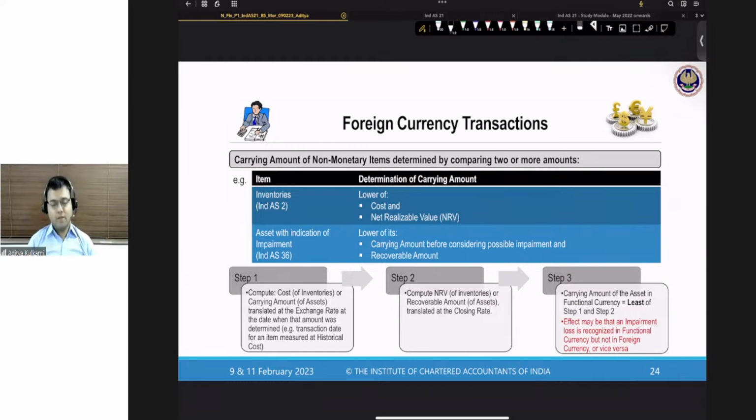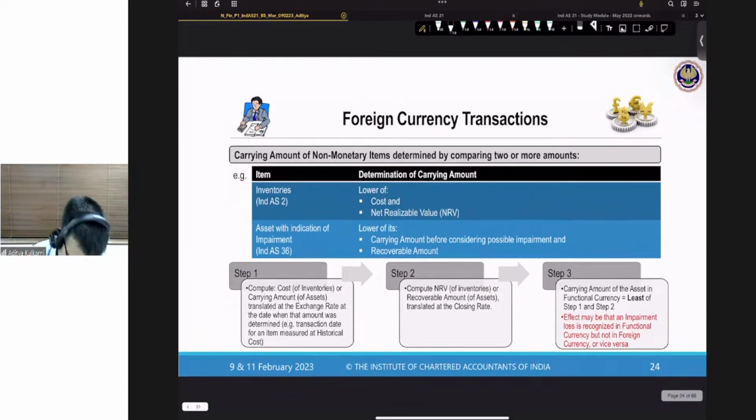So when you have to record this, the process is, first thing is, you compute the cost or the carrying amount of assets translated at the exchange rate at the date when that amount was determined.